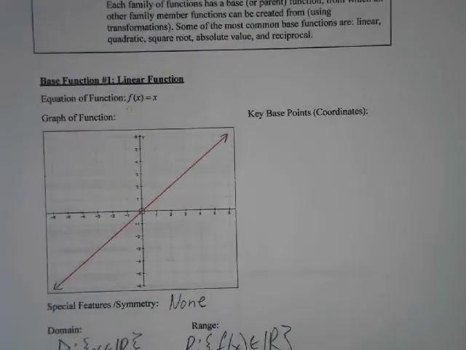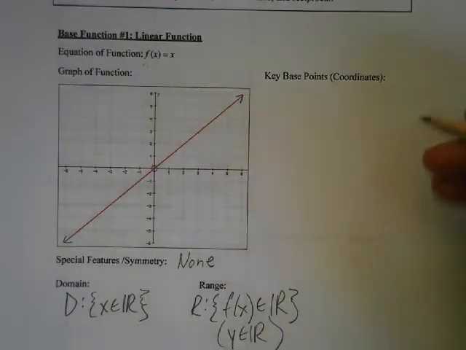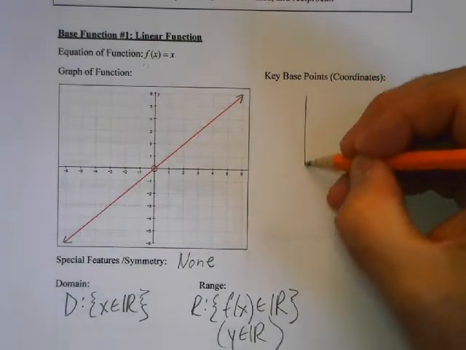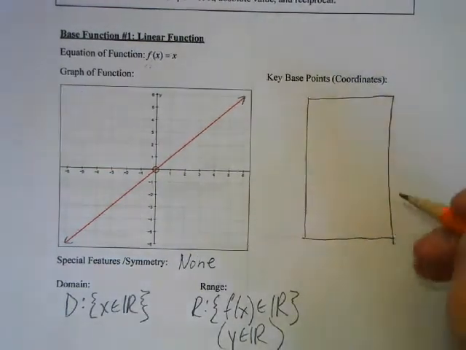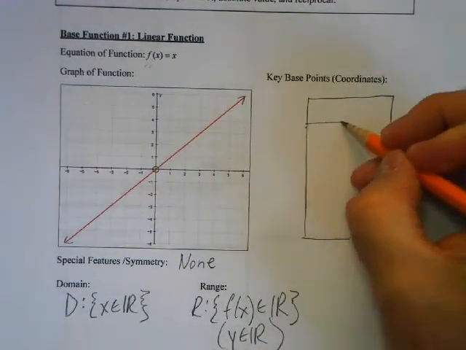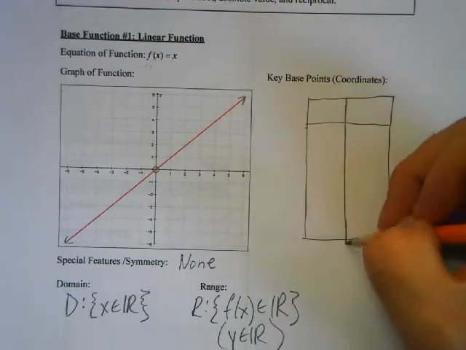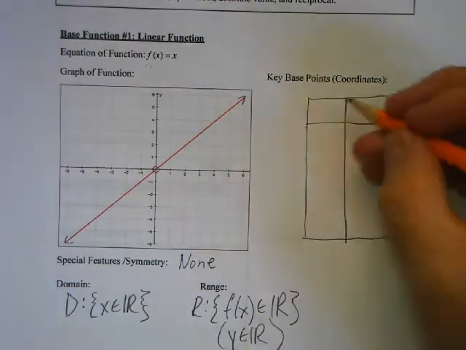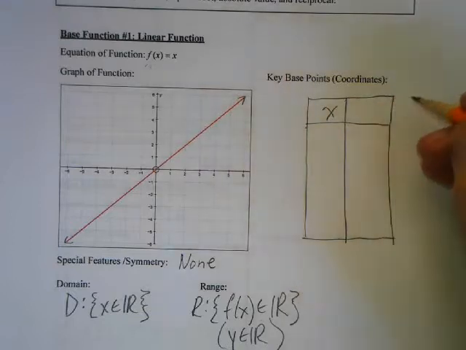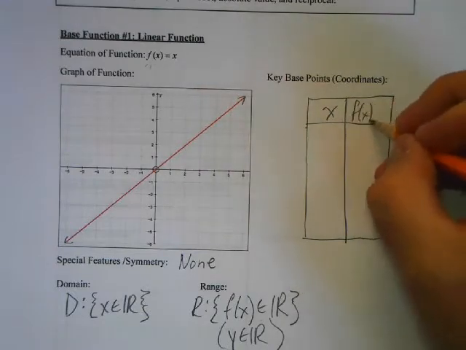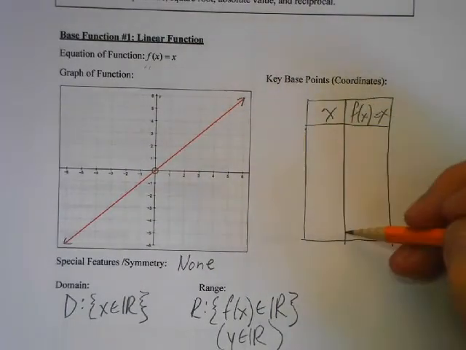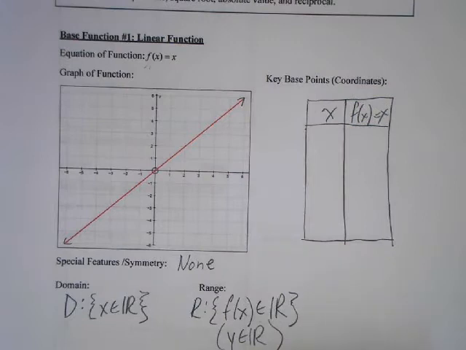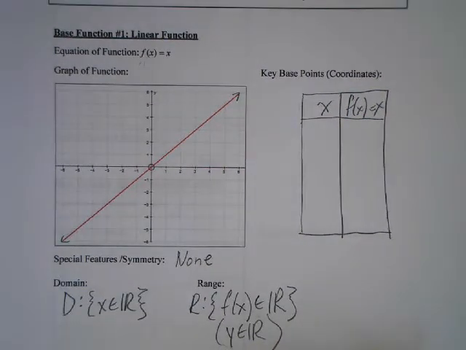Okay, now here are the key base points. Once we get into future lessons, depending on which base function you're dealing with, you will be writing this set of base points to start with all the time. So this is something you should get used to and memorize.